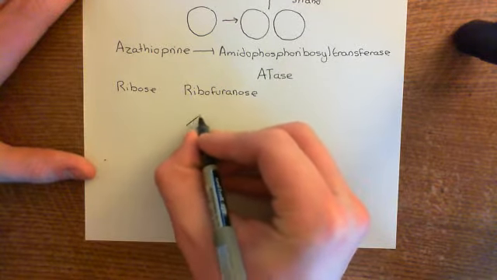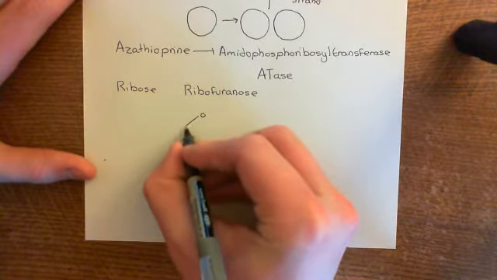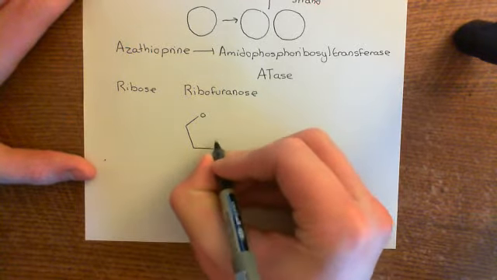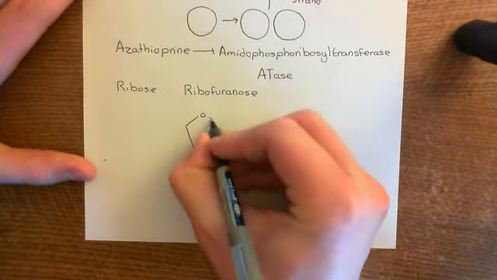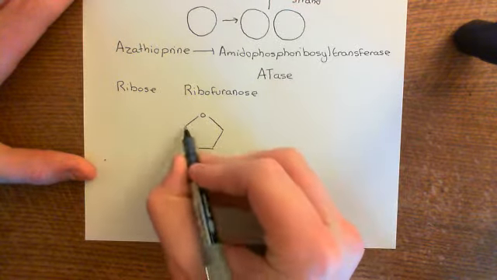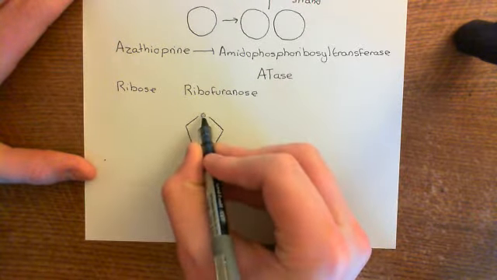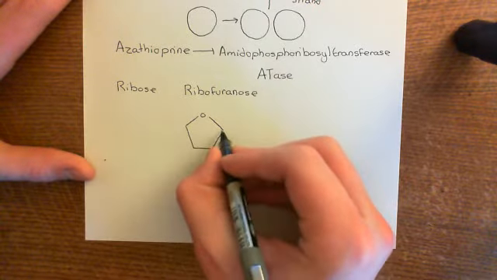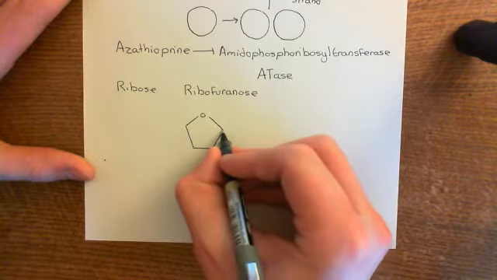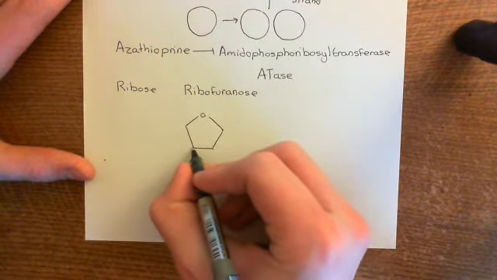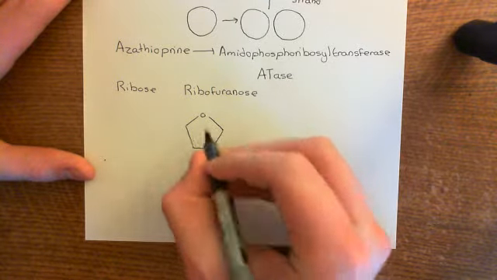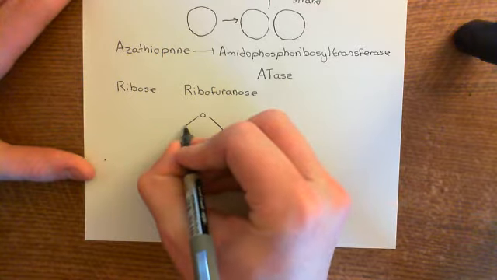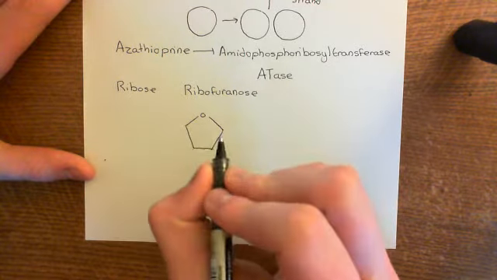Okay, so let me show the skeletal structure of ribofuranose. Basically, it is a 5-membered ring, like so, where we have 4 carbon atoms here and a single oxygen atom here. Now, off this carbon here, off this carbon here, and off this carbon here, you then have alcohol groups, and off this carbon here, you then have the 5th carbon coming off.